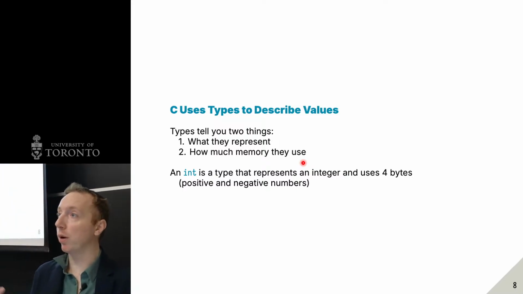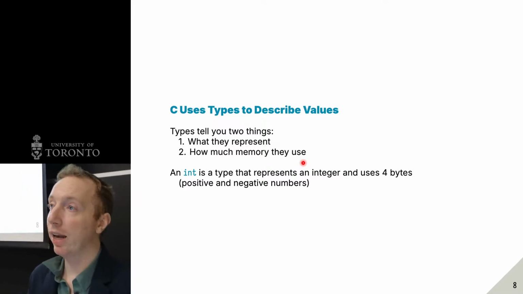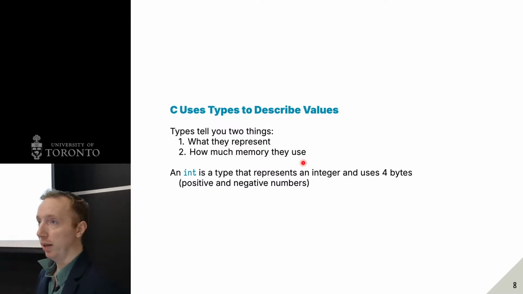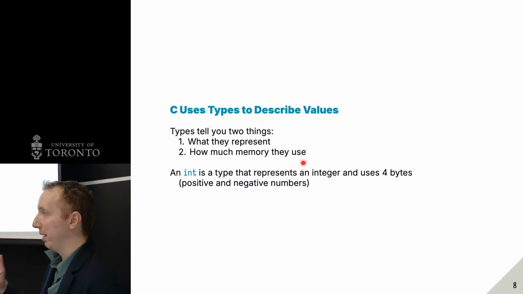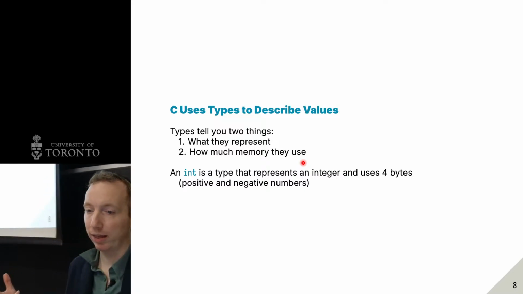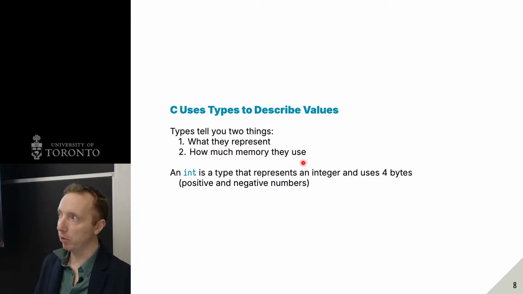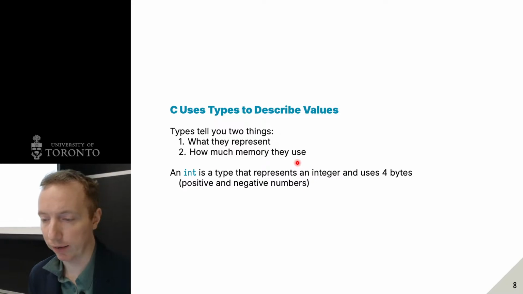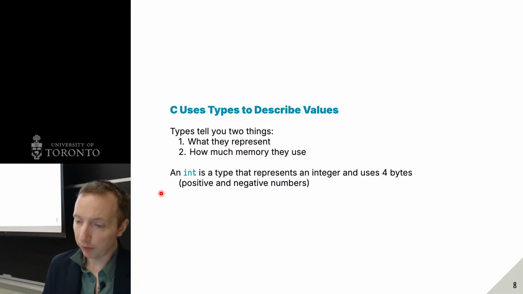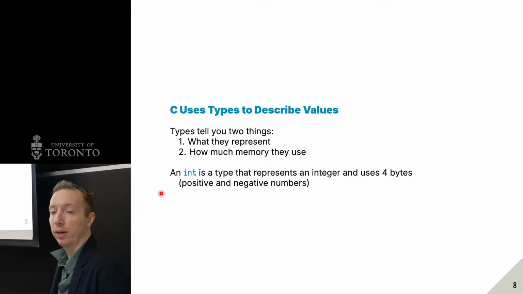It tells you what the value is supposed to represent to you as a human, and how much memory it uses, because just representing 256 different things might not be sufficient if we have large enough numbers. Might be okay for some things, might not be okay for other things. So it really depends.